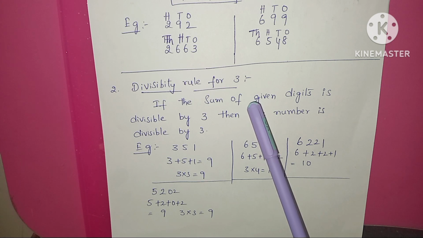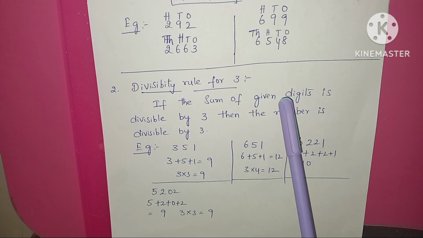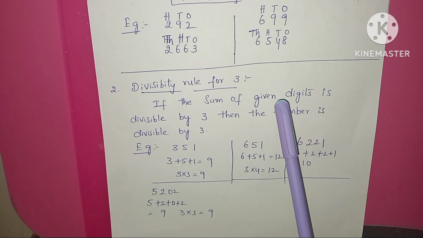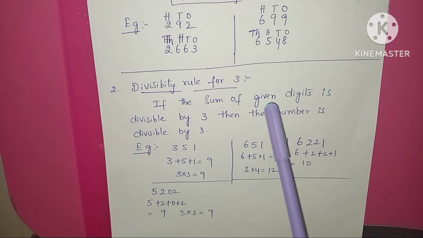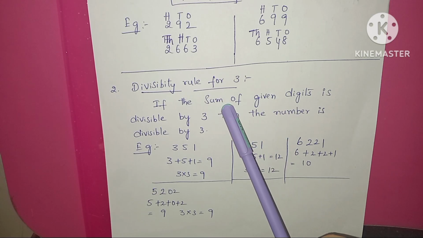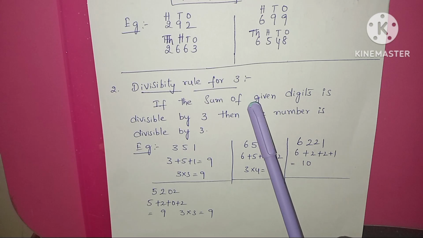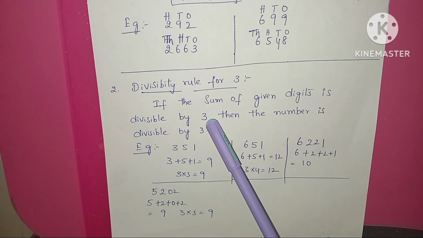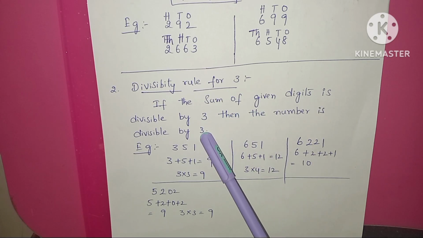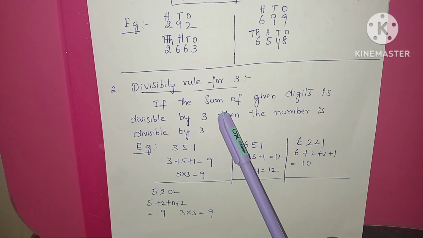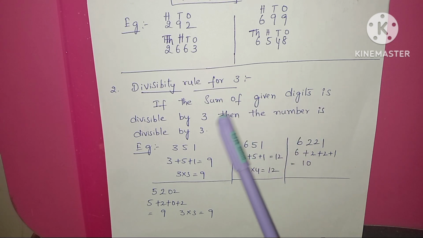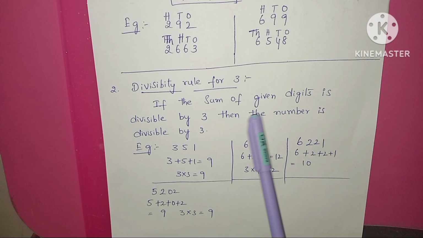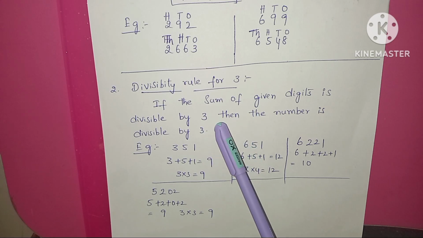If the number is given, with 2 digits or 3 digits, and the sum, that is the total, of the digits is divisible by 3, that is if it is there in the third table, then the number is divisible by 3. So what is the rule? If the sum of the given digits is divisible by 3, then the number is divisible by 3. It is also so easy.